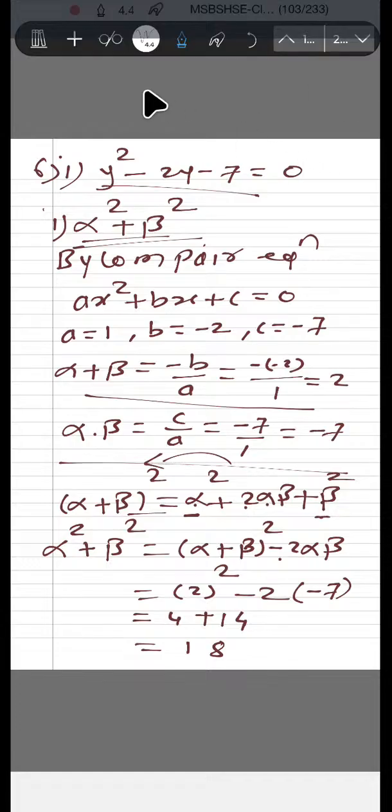Okay, now we will take the next question from the same one. It says find alpha cube plus beta cube.